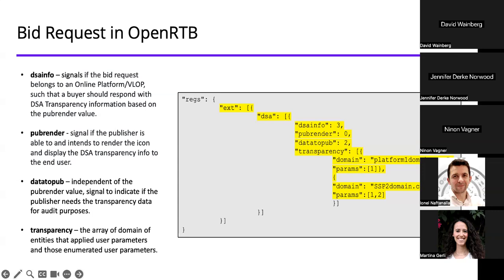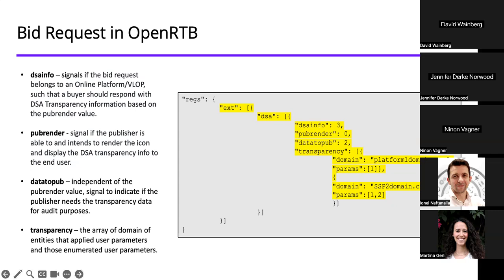As the name already indicates, it's used to indicate whether the publisher is going to render the DSA transparency themselves. And this is to satisfy that requirement that the online platform must have the optionality to display the DSA information themselves or to delegate this to an intermediary partner.